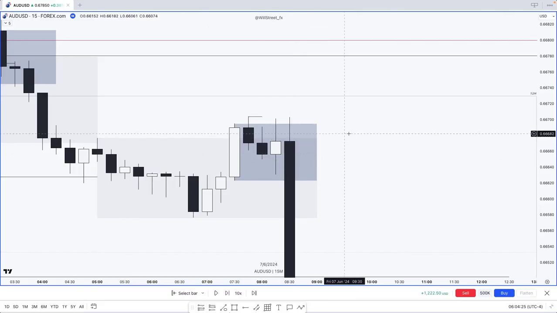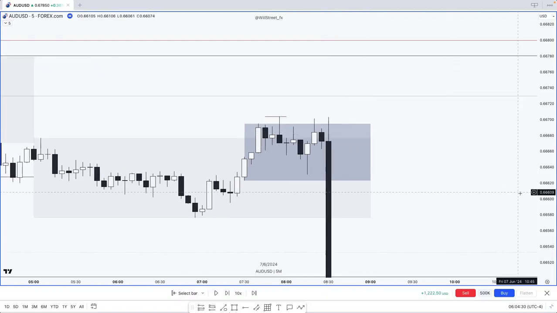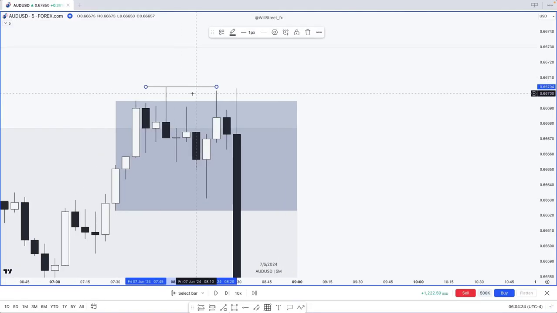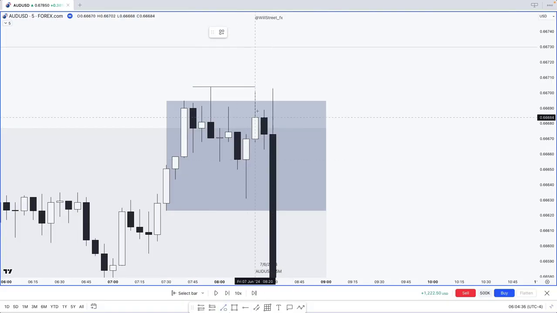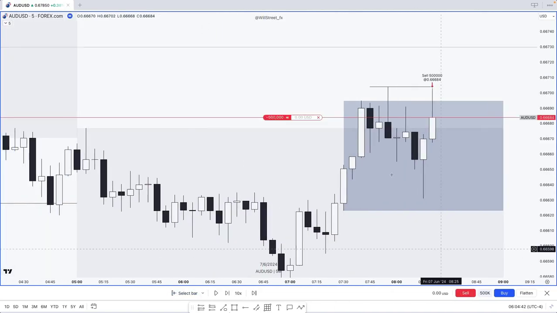So this is also a short opportunity. And going to 8 a.m. look at this. It fails to make the higher high. So to me, this is a turtle soup. So going to the news, another short here.